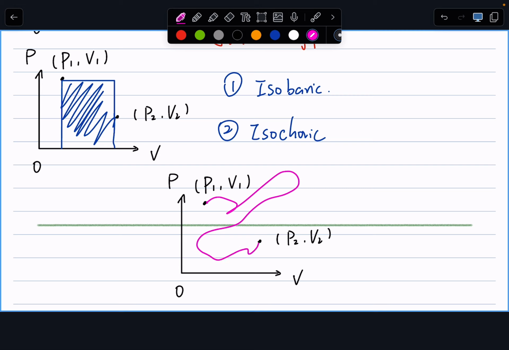But the area below this curve will be way more complicated for us to calculate. Now, work is one of the line functions we will be using. Next lecture, we'll go over another line function, which is heat. Taking work and heat together, we will be able to define the thermodynamic state functions that we will be using. So just keep in mind: work, line function, path dependent. You need to know the path in order to calculate the work.